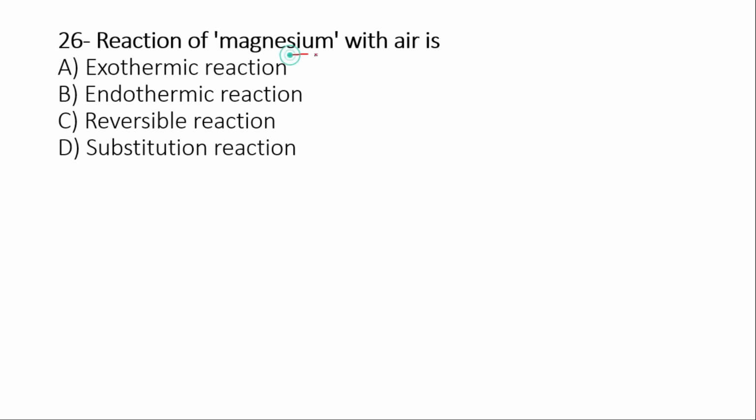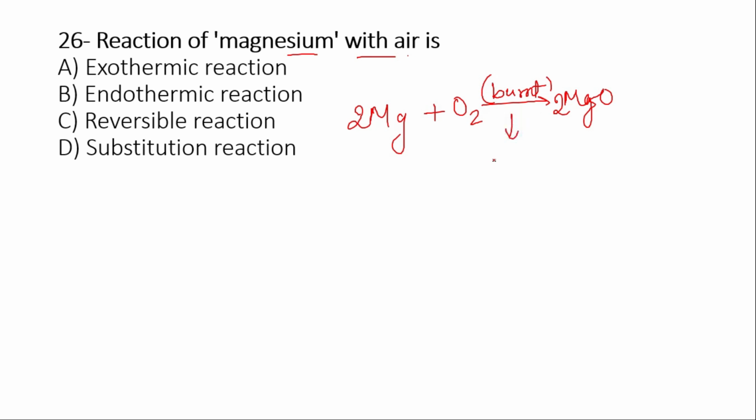Reaction of magnesium with air. So we have seen magnesium when burnt in presence of air, it produces magnesium oxide, and when it produces magnesium oxide, in this process basically we are doing what? We are burning it. So that means there is a lot of absorption of energy.